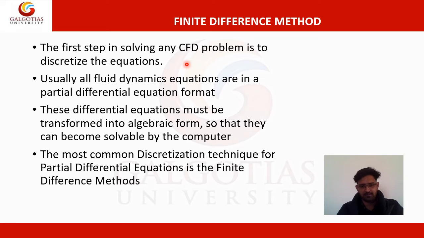These are very complicated partial differential equations for which an analytical solution is not possible. So we move towards the numerical approach, where we have values at some discrete points and not at all the points in the solution space. So whenever we solve any CFD problem, the first idea is that we have to discretize the equations.